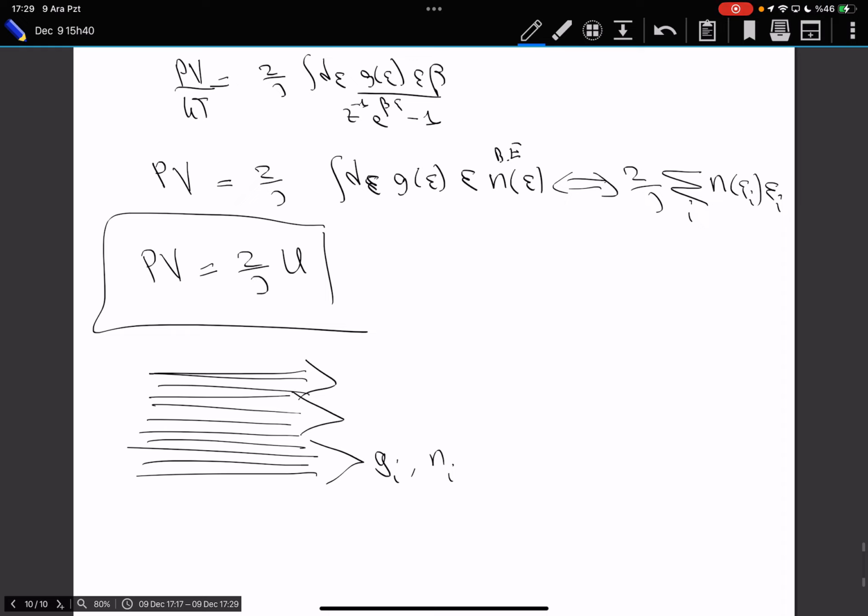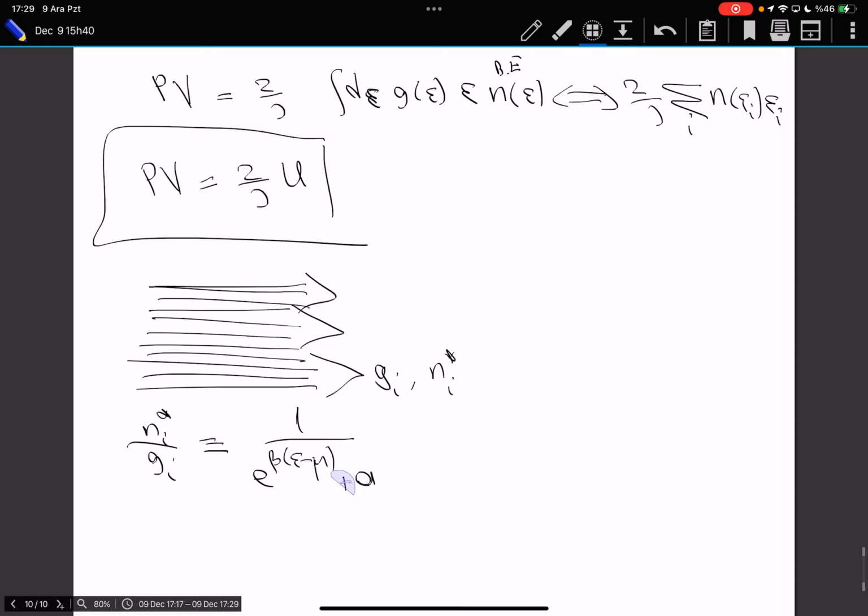So we calculated the most probable value of N_i, and we denoted it by N_i star. And for the most probable values, N_i star over g_i had to be equal to 1 over e to power beta epsilon minus mu, plus or minus 1. This was our general result.